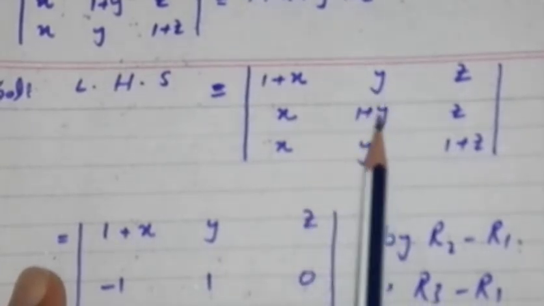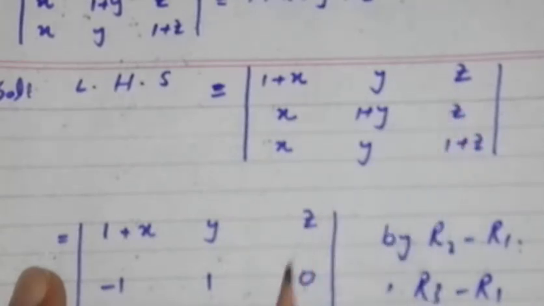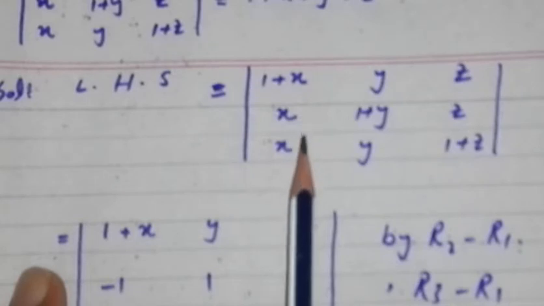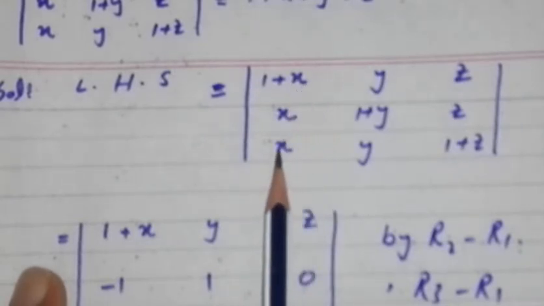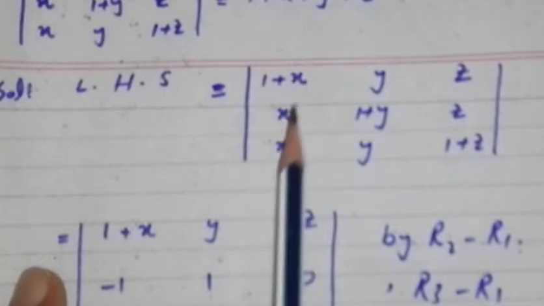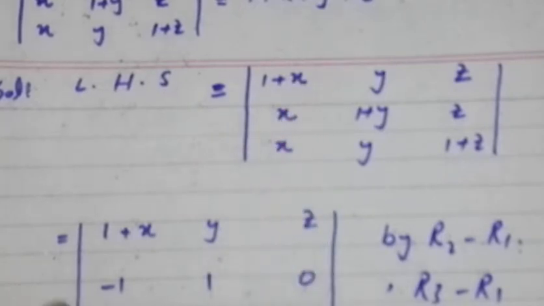1 plus y minus y we get 1, and z minus z we get 0. Now row third, subtract row first from row third, so x minus 1 minus x, cancel with x, we get minus 1, y minus y 0, and 1 plus z minus z we get 1.